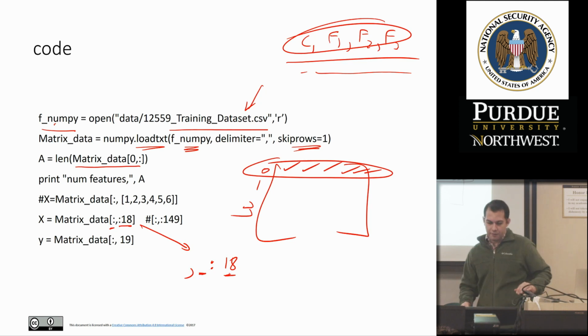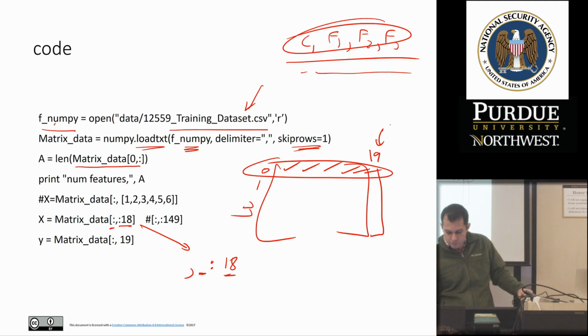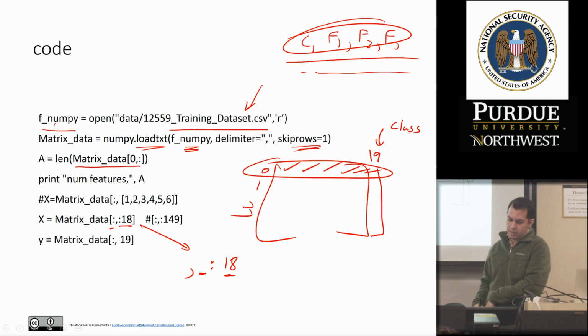All right? And then finally, let's say this assumes that maybe this is feature 19, and that's actually the class. So that's actually the class, right? And this class then, we just want that.